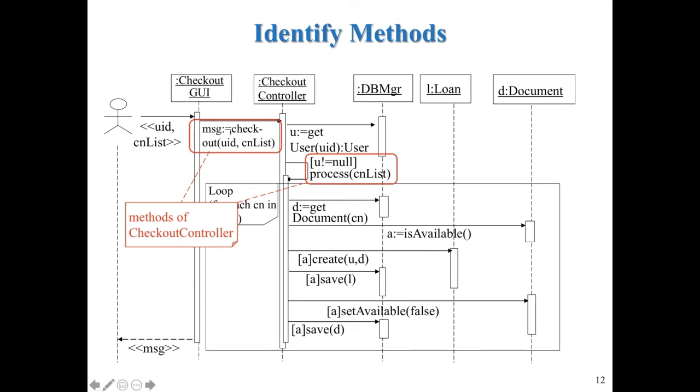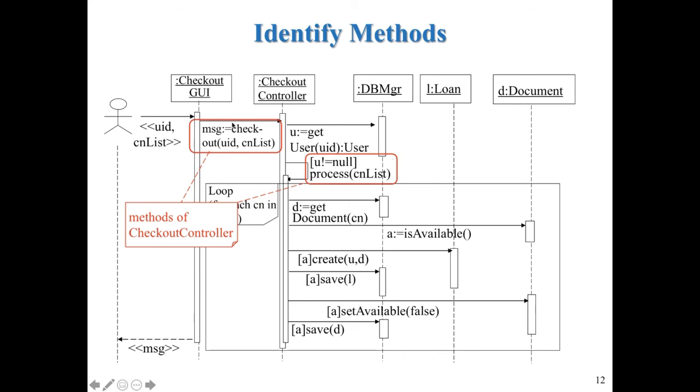These are the methods of checkout controller, because you see here, checkout GUI is calling this method, and of course the method refers to checkout controller, that is, these methods belong to checkout controller. And see here, checkout controller is calling a method of itself. This is the recursive call. So this method also belongs to the same checkout controller. It's very simple.